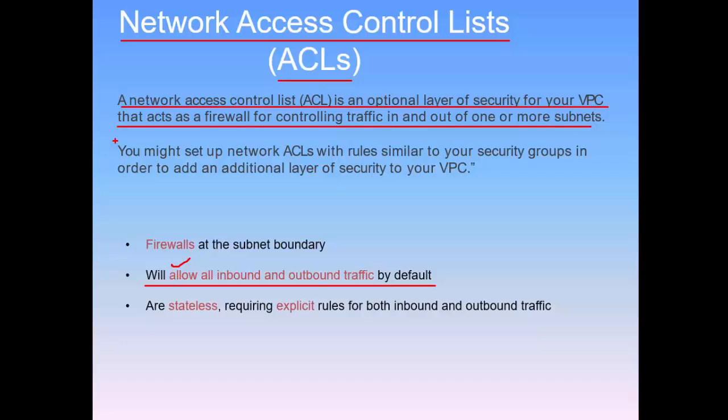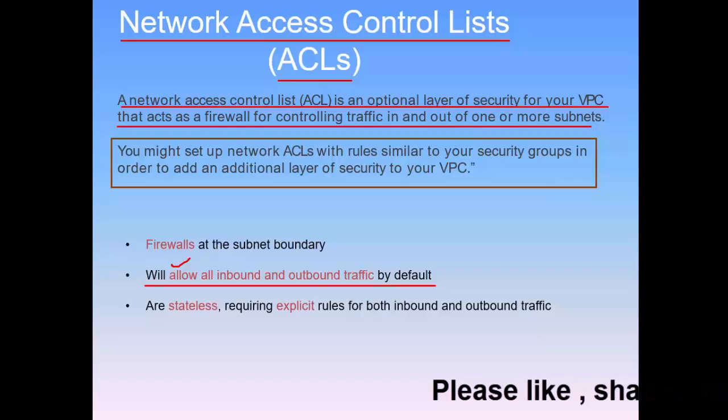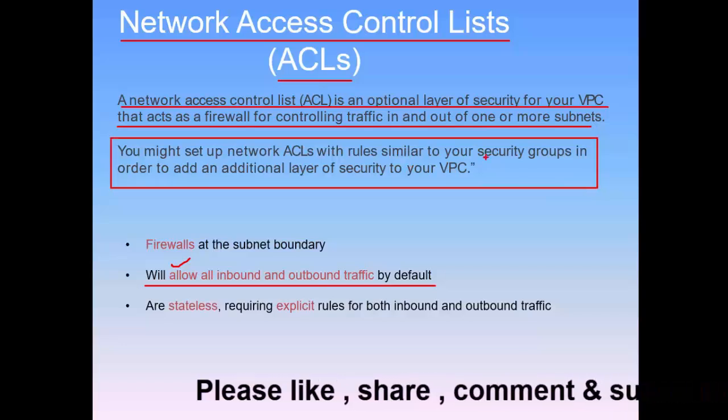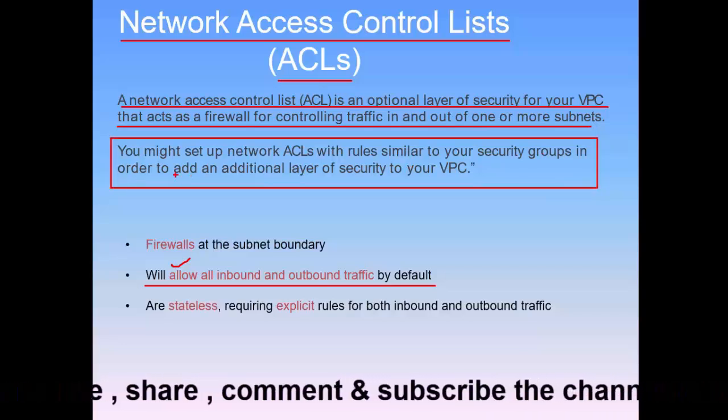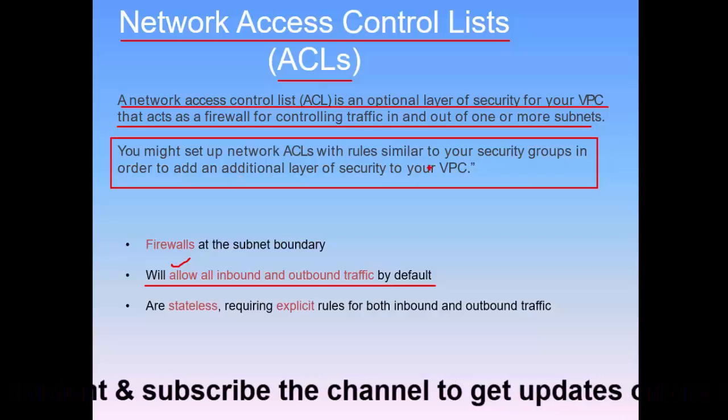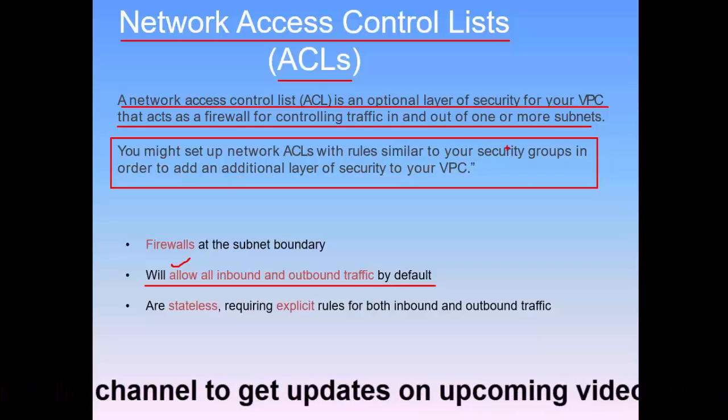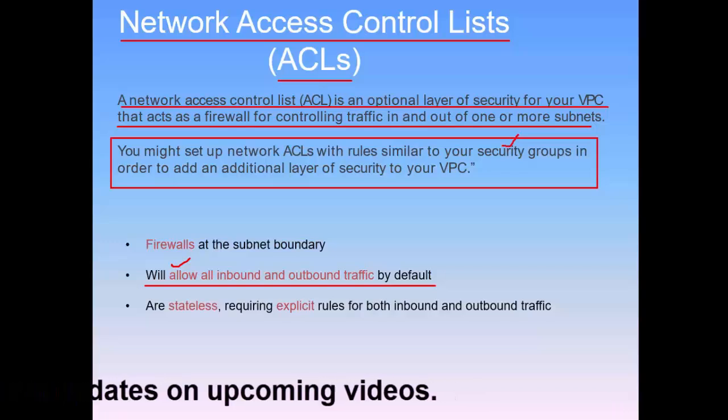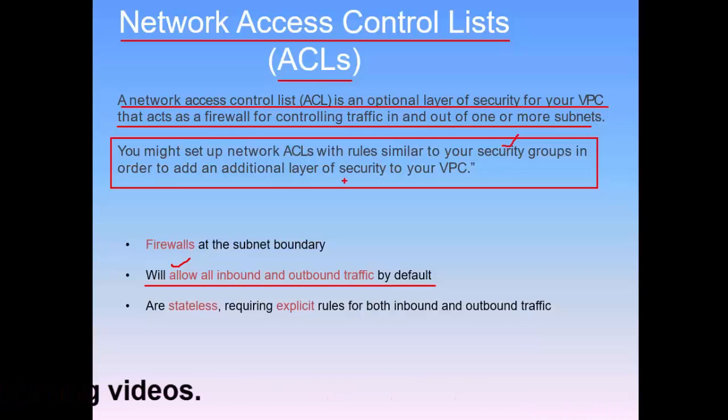You might set up a network ACL with rules similar to the security group in order to add an additional layer of security to your VPC. The security group works at the EC2 level, but you can add an additional layer there also.